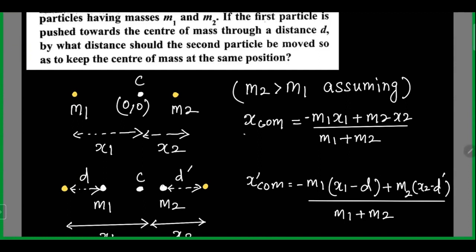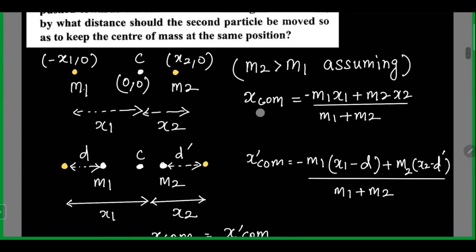The position of m1 will be minus x1 comma 0, and the position of m2 will be x2 comma 0. So you get minus m1 x1 plus m2 x2 divided by the total mass, m1 plus m2. This is your initial center of mass.